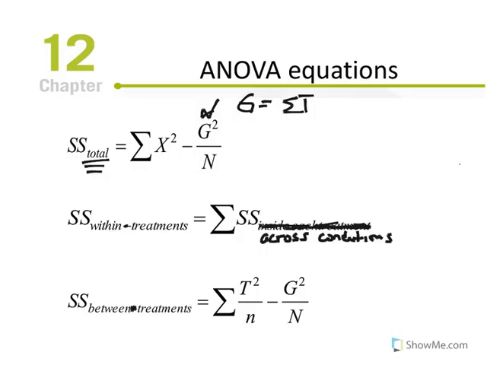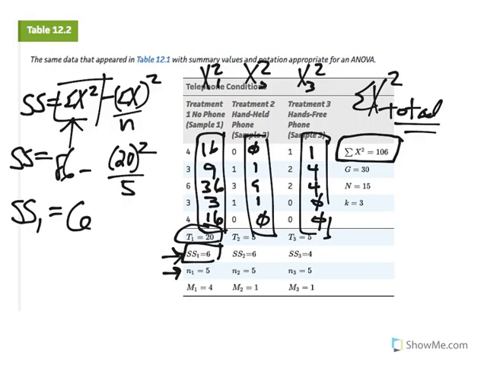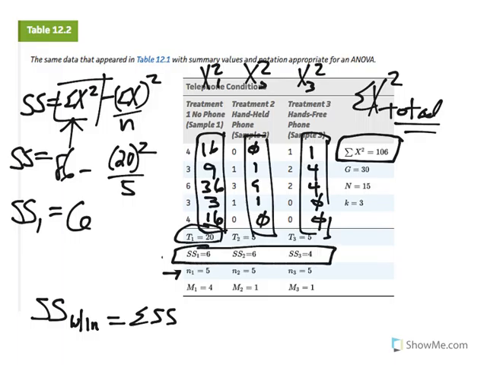The SS within treatment is equal to the sum of SS across conditions. So let's go back to that previous table. I had shown you how we computed SS sub 1, the sum of square deviations for our first distribution. Now we just learned that SS within is equal to the sum of SS. In other words, we compute the separate SS for each condition, and then SS within is equal to the sum of the SS across conditions.